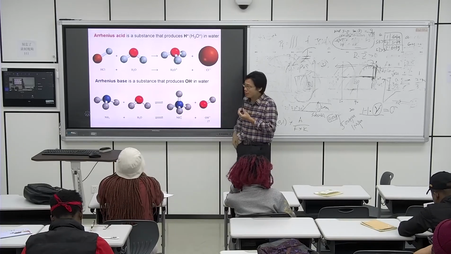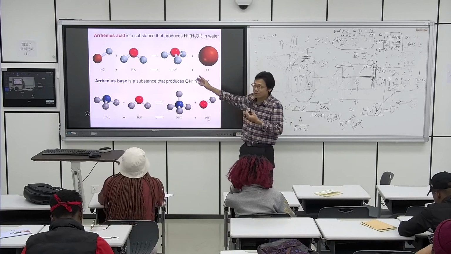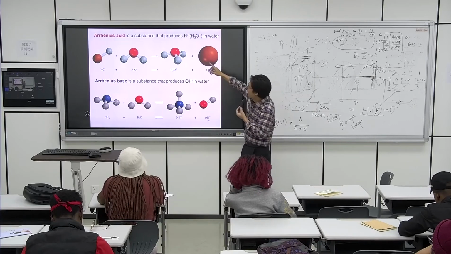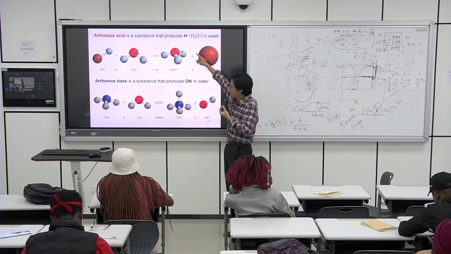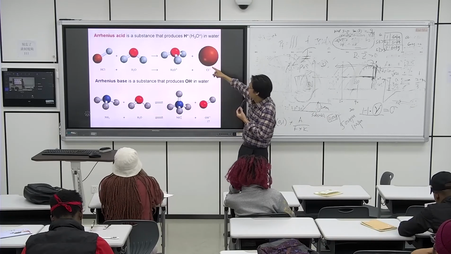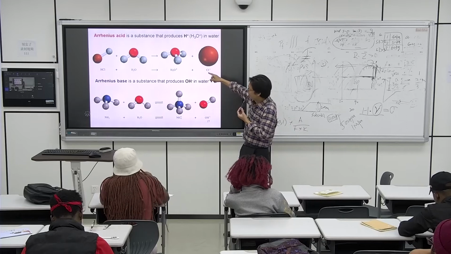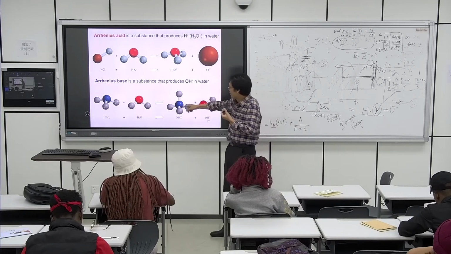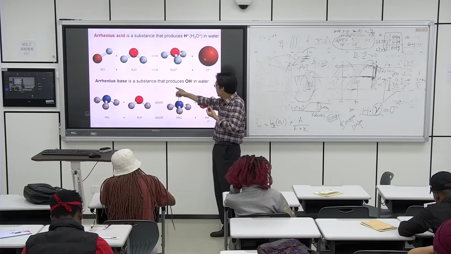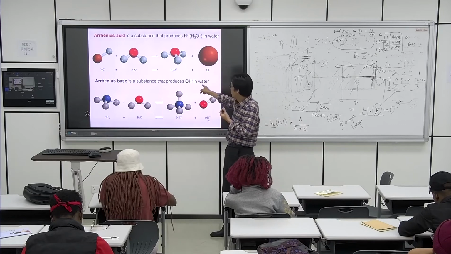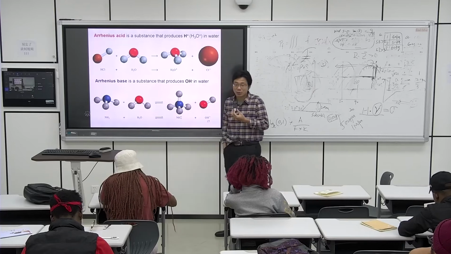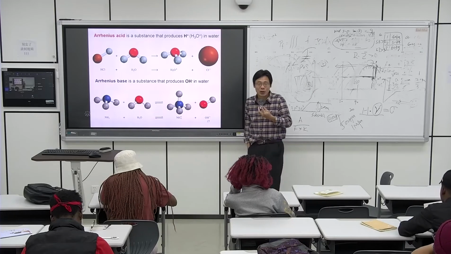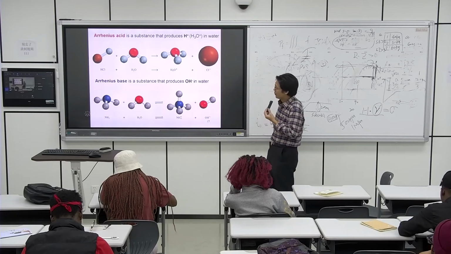So in this way, we can say if the substance can produce hydrogen H cation, it is called acid. If it produces OH in water, it's called base. This is one way to name the acids and the bases.